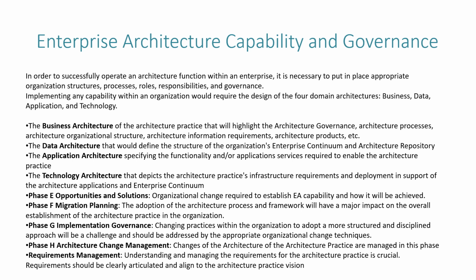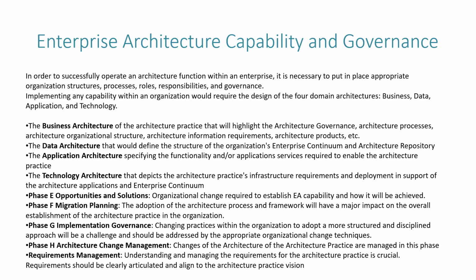Now we need to plan this migration, like how these processes we are defining will be adopted by the organization. There will be implementation governance, wherein we will take some organization change techniques or change activities to implement these practices.